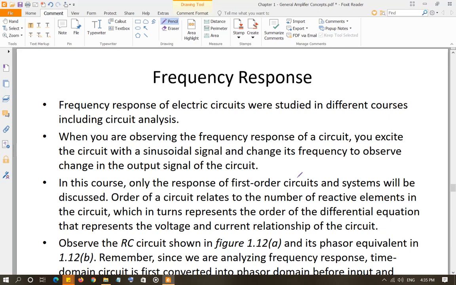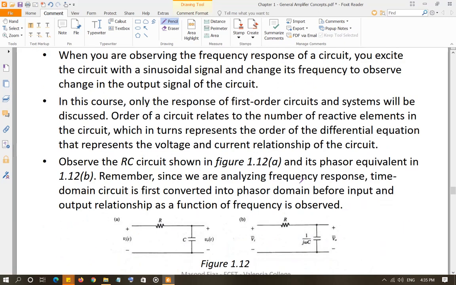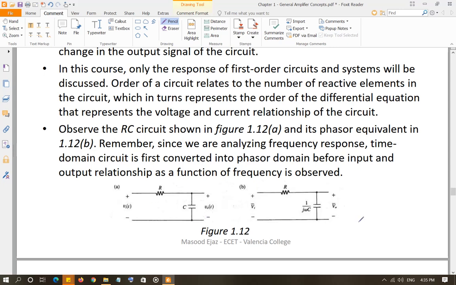Going back to one of the circuits we discussed in circuit analysis, a simple RC circuit. Towards the end of the course, when we were discussing filters, this is basically a low pass filter. Remember, there are 4 different types of filters: low pass, high pass, band pass, and band stop, or band reject.